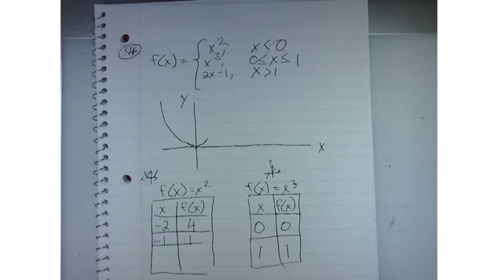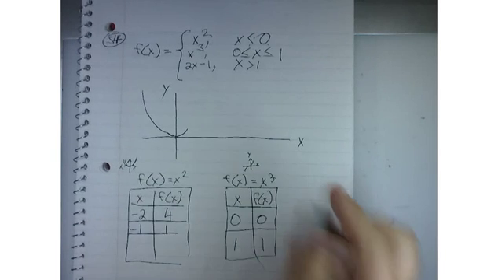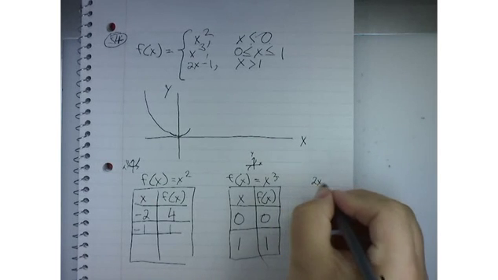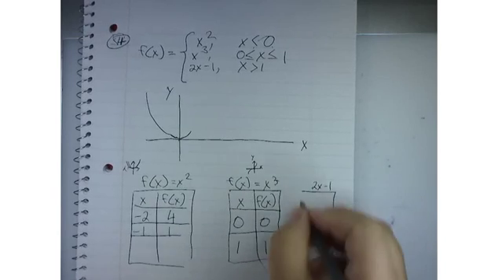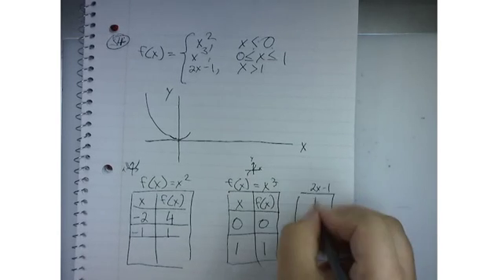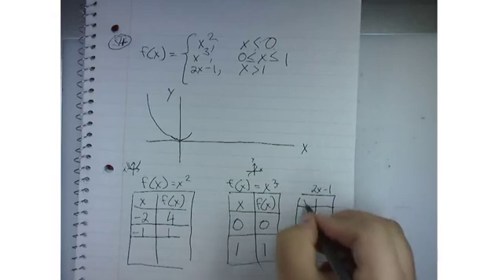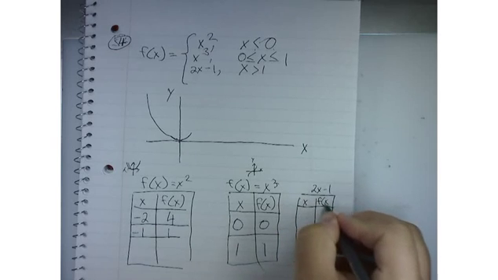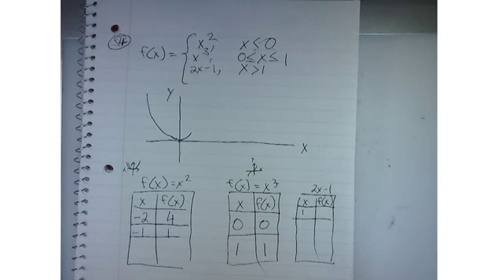And then our next function would be 2x minus 1. So I'm going to say 2x minus 1, and again, anything greater than 1. So I have to be careful. If I were to plug in 1, what would that be? 1 times 2, 2 minus 1 is 1.